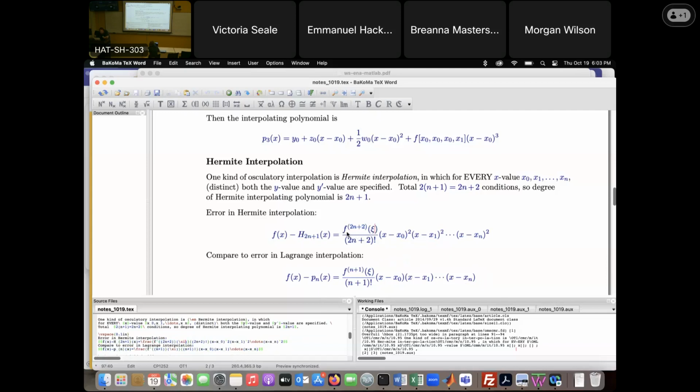And then that degree plus 1, you're dividing by that factorial. Whereas in Lagrange interpolation, you have x minus each interpolation point, these linear factors multiplying together. Here you have those same factors, but they're squared, which makes perfect sense because you're listing each point twice.